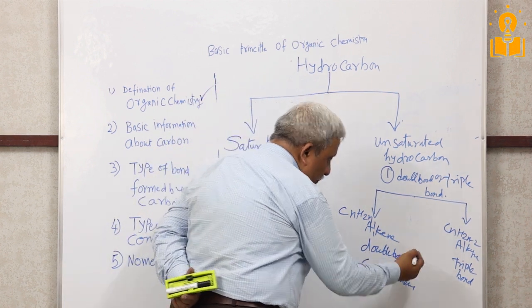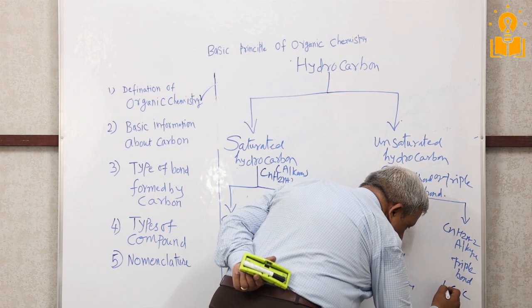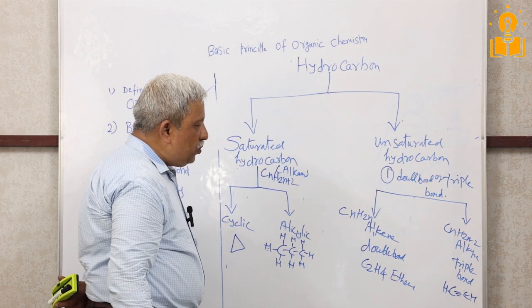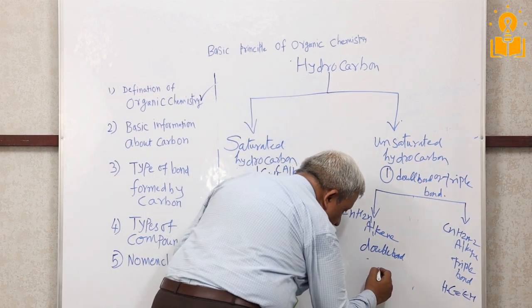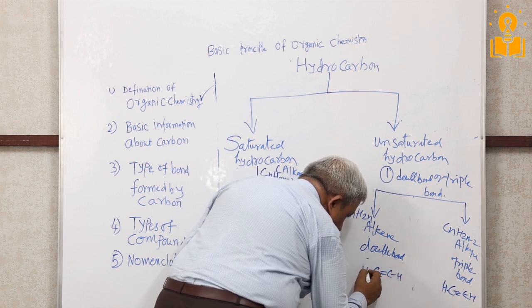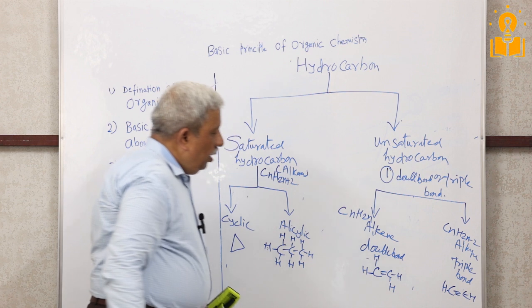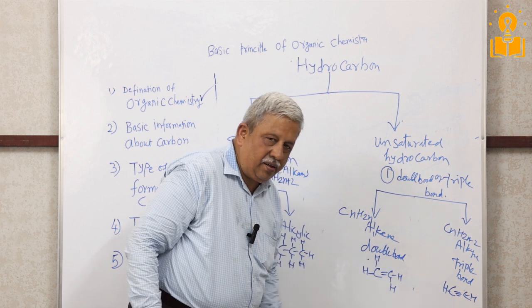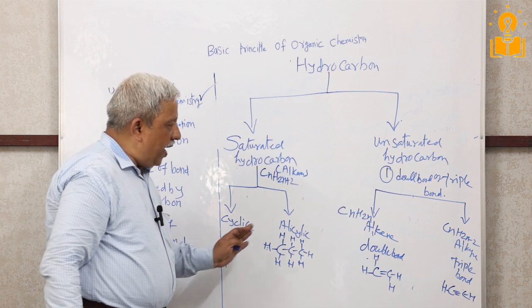Then the same thing if you have a triple bond, it is ethyne. So we can draw its structure also here. It contains a double bond, that is ethene, and this is ethyne. So we have seen the basic differences.